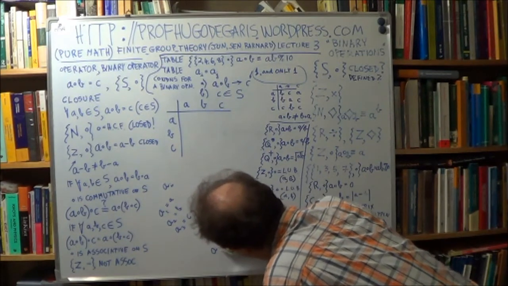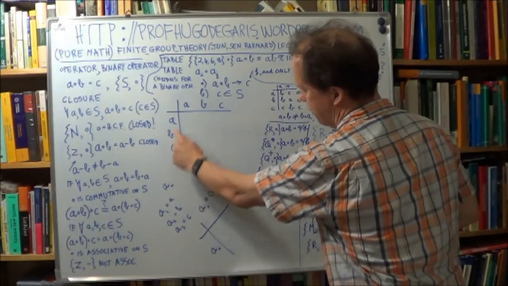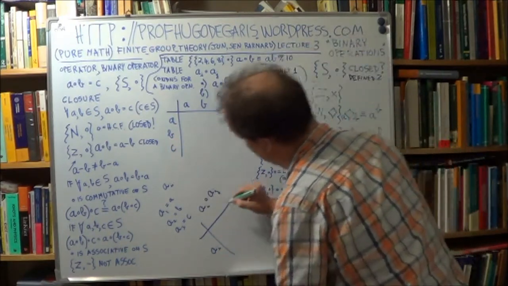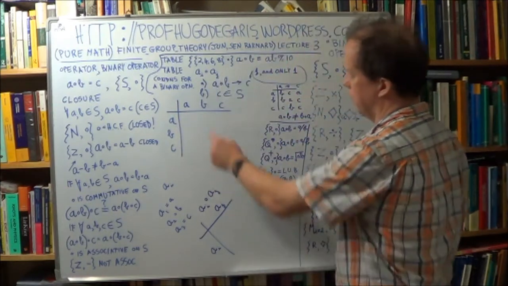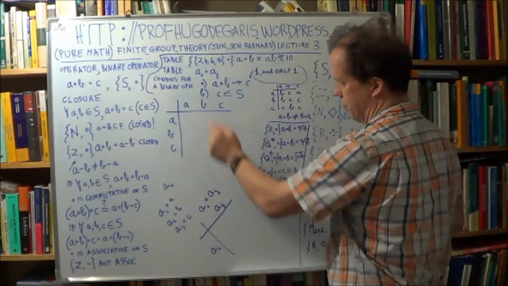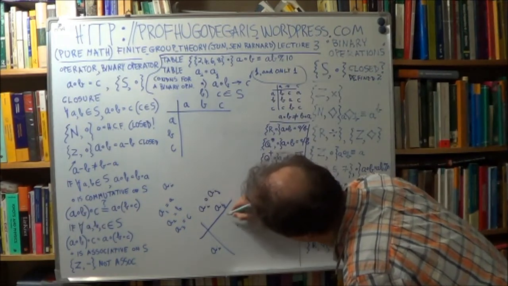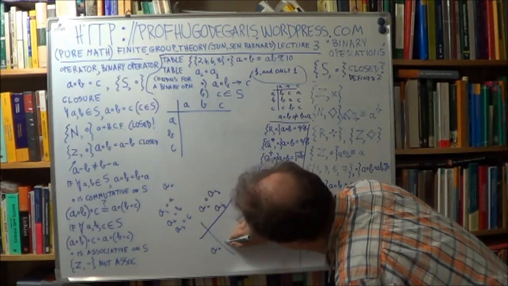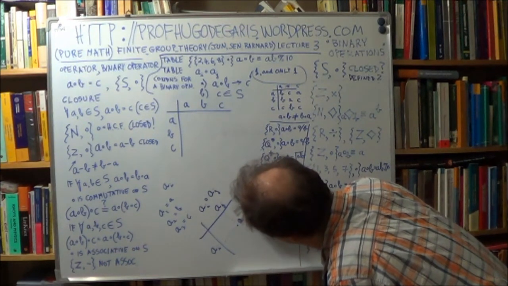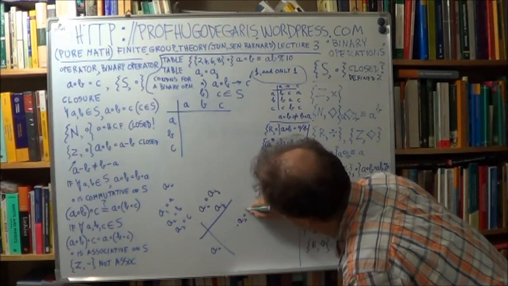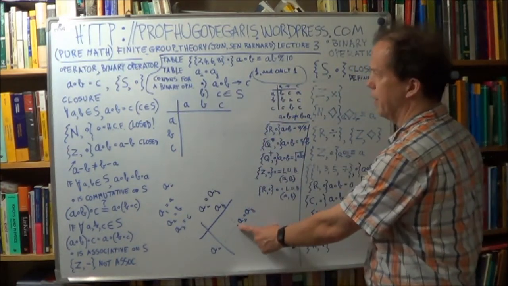Let's call a particular one of these three A_i, and similarly along the row, one of these three, A_j. In the table, here we will put A_i operator A_j.